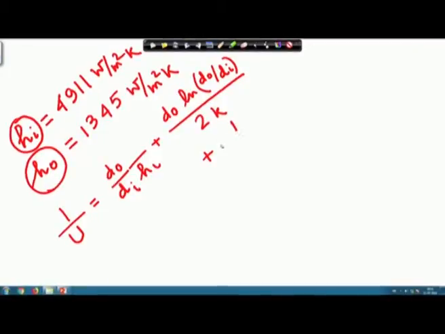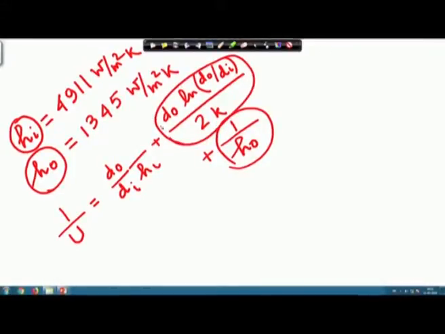Then we have 1 by h_0, the heat transfer resistance offered by the external, I mean the annular fluid. The middle term is the resistance offered by the metallic part, and the first is the resistance offered by the internal fluid flowing through it.